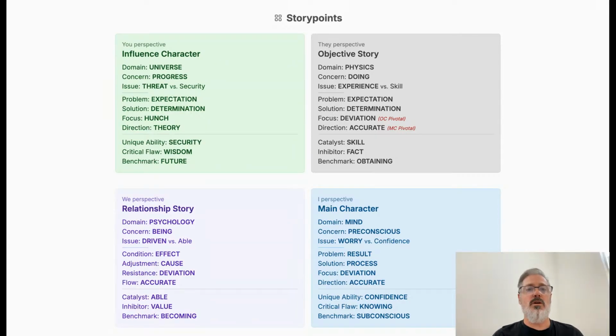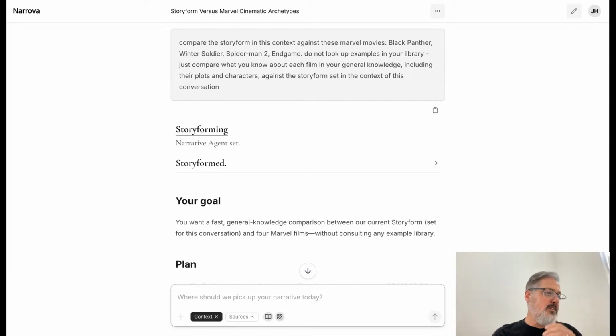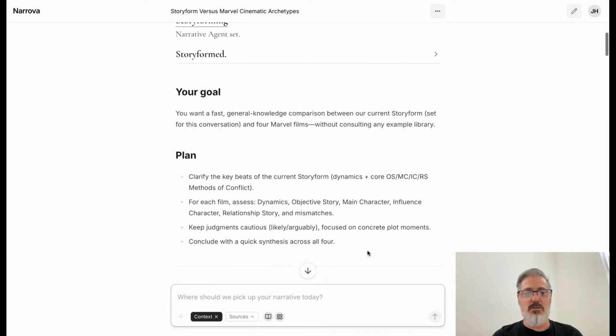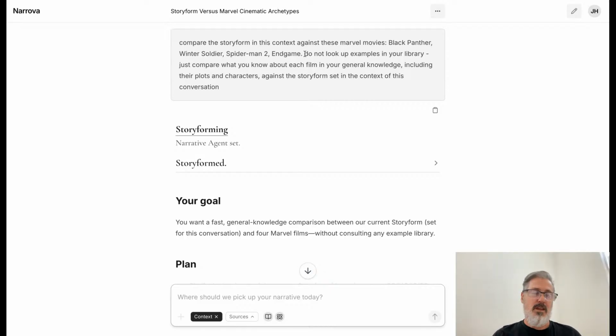Oh, okay. So what I want to show was just going back to the story form discussion where we're talking about the typical story form that's found everywhere. And we were doing tests, and it was really fun as I set that story form and then I asked, can you compare the story form in the context against Black Panther, which I know is the same exact story form, Winter Soldier, which I know is a great film, great story, but I've never quite figured out what the story form is, Spider-Man 2, and Endgame.